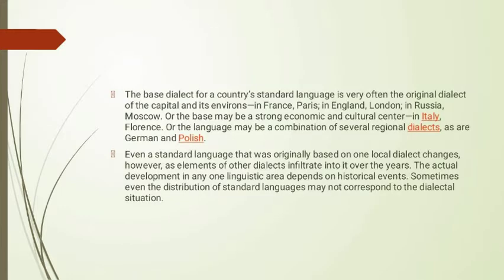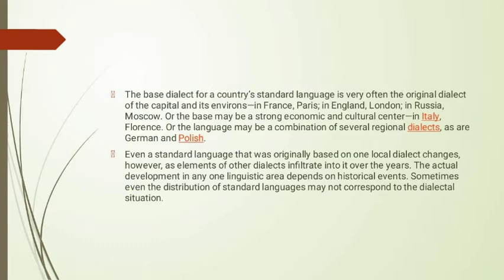The best dialect for a country's standard language is very often the original dialect of the capital and its environs. Example, in France, Paris; in England, London; in Russia, Moscow. Or the base may be a strong economic and cultural center; in Italy, Florence.